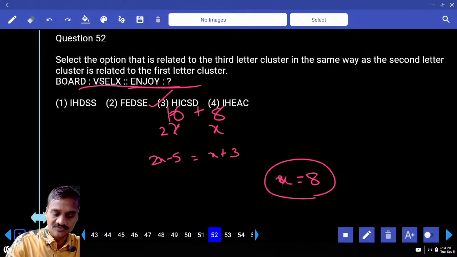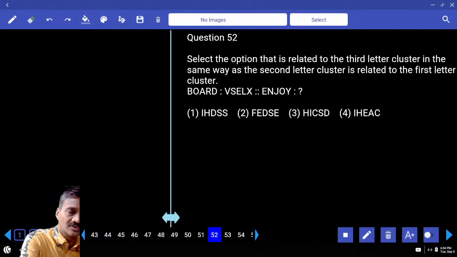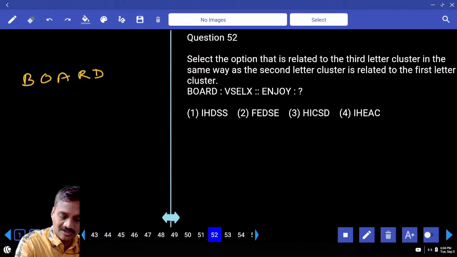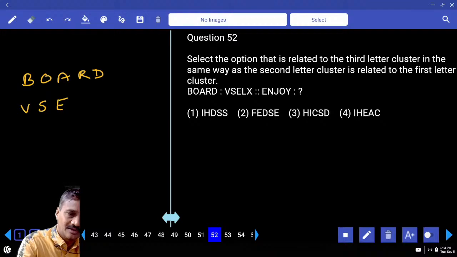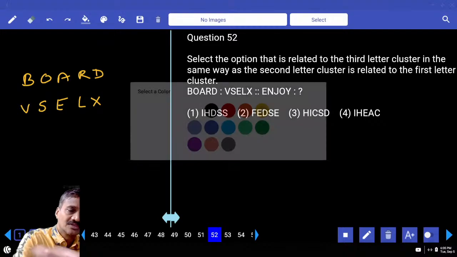Then next one, 52. Now in this question number 52, the code given to the word BOARD is VSELX. Now in this VSELX, B and V. Now this B is a consonant.